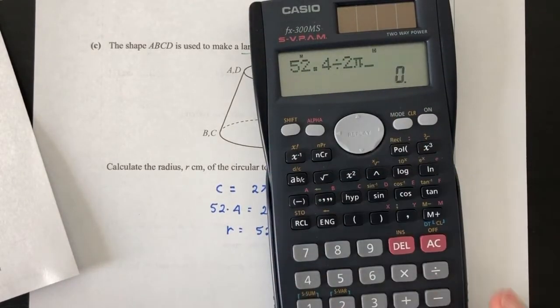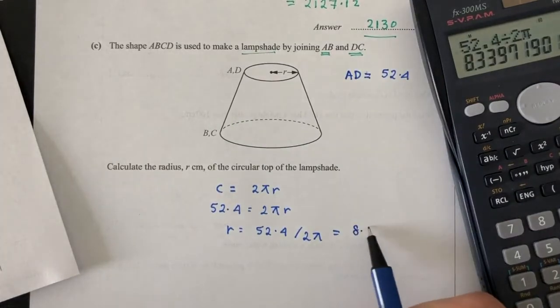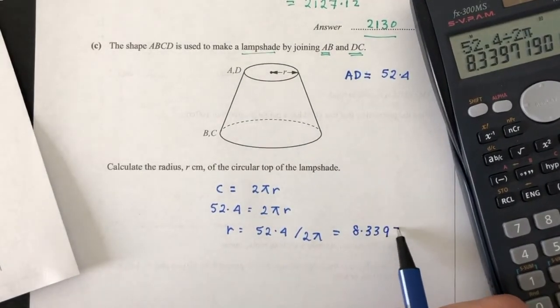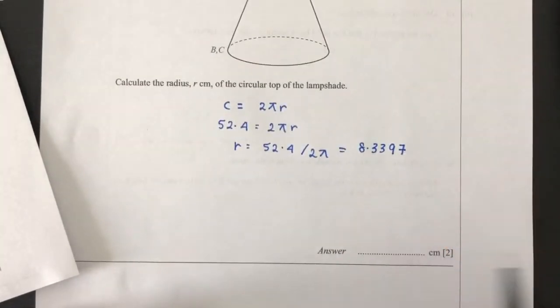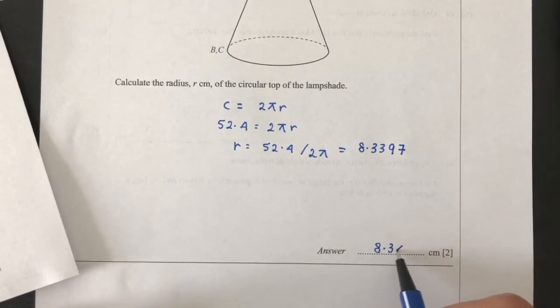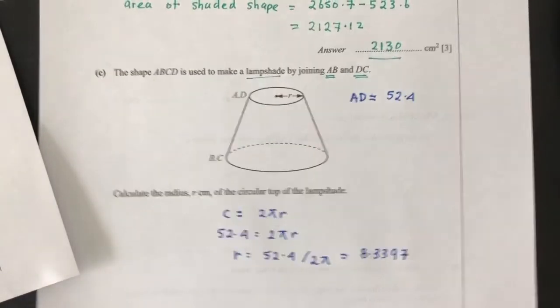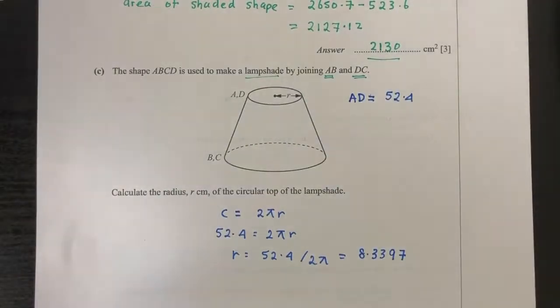That is 8.3397, so the value is 8.34, correct to 3 SF. And that should be your question number 5.